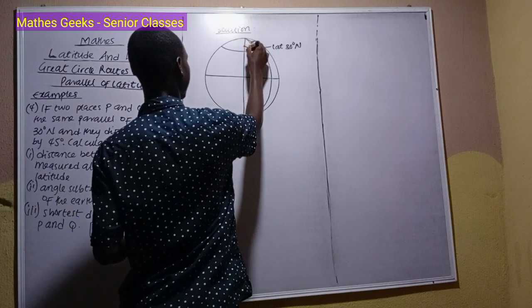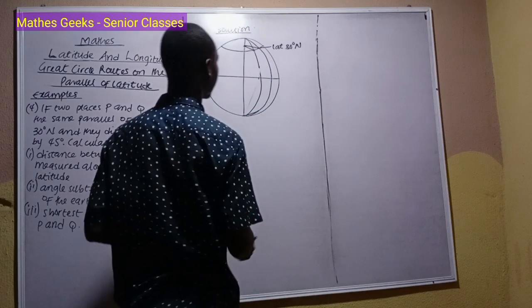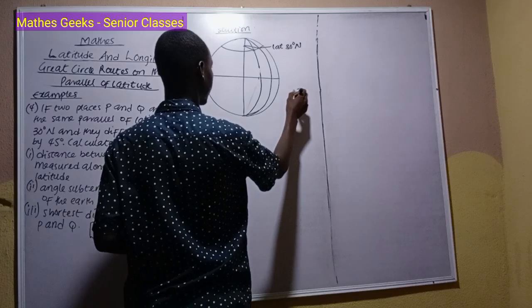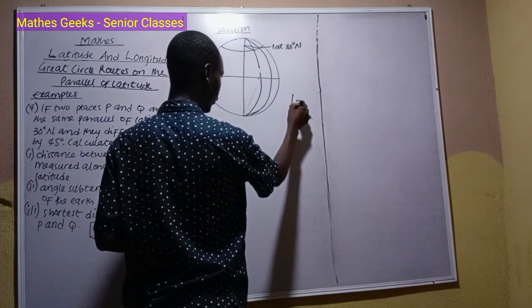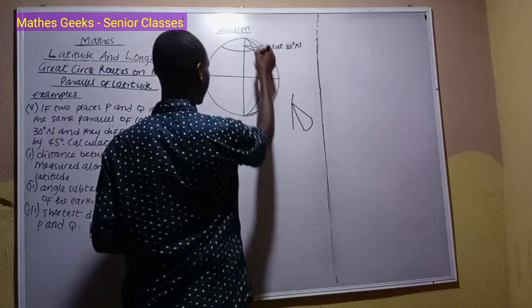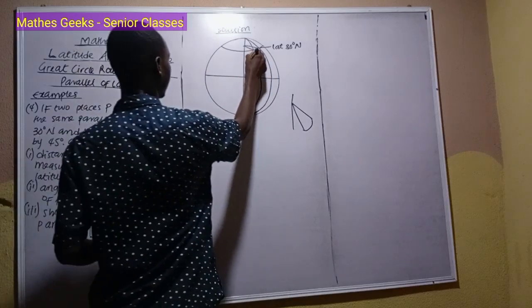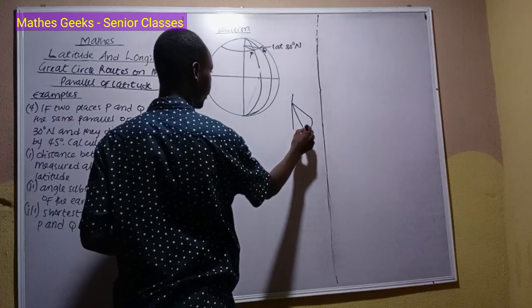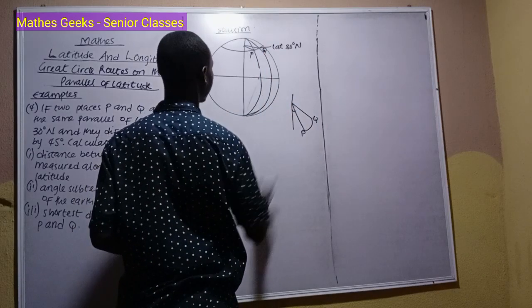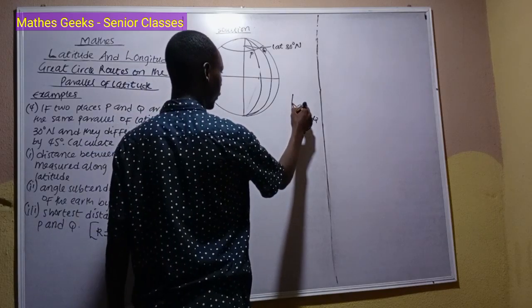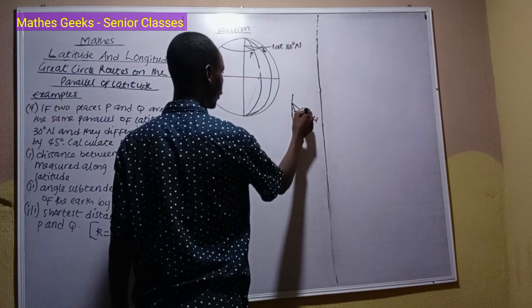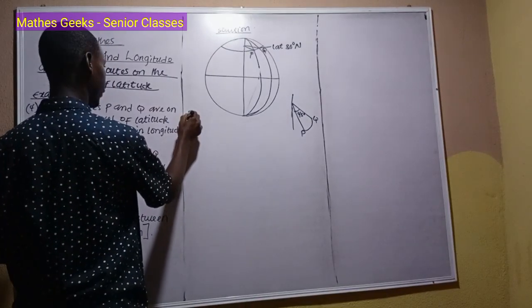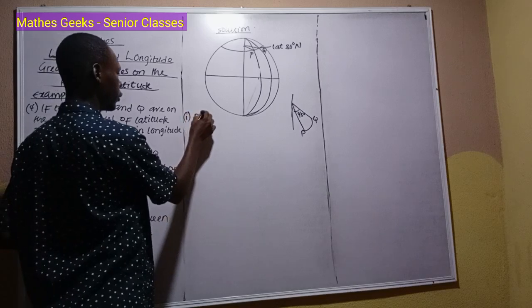The center. Let's call these P and Q. So this is P and this is Q. The difference in longitude is 45 degrees. That's the angular difference.